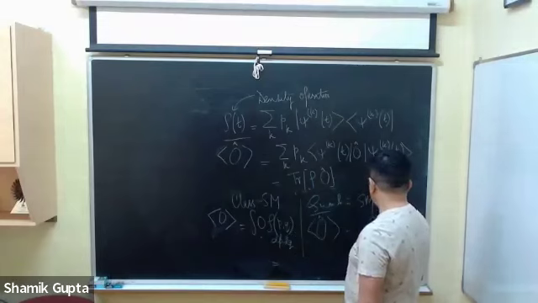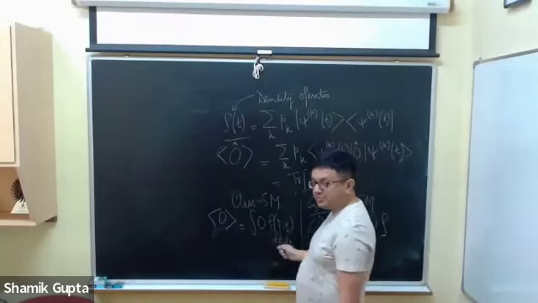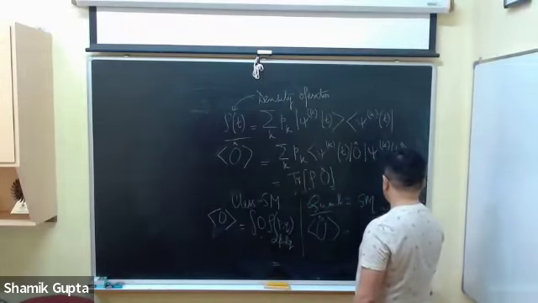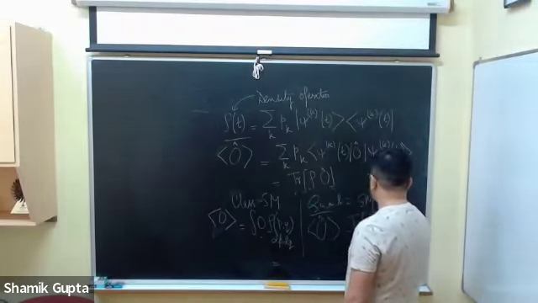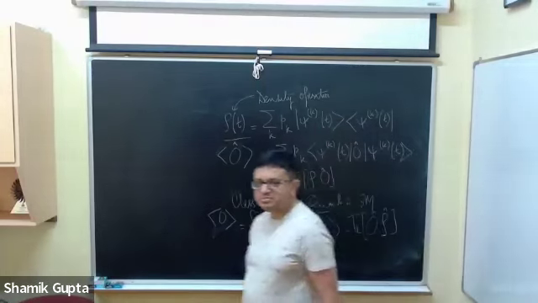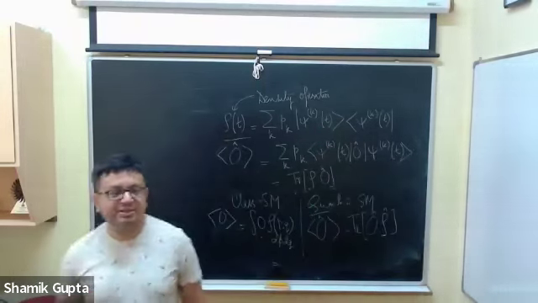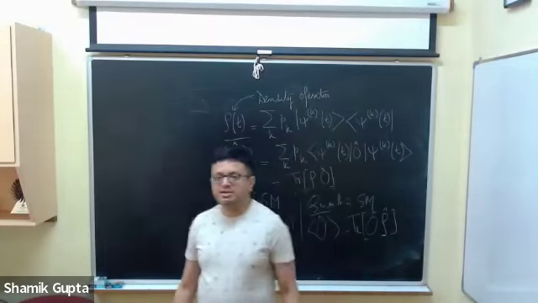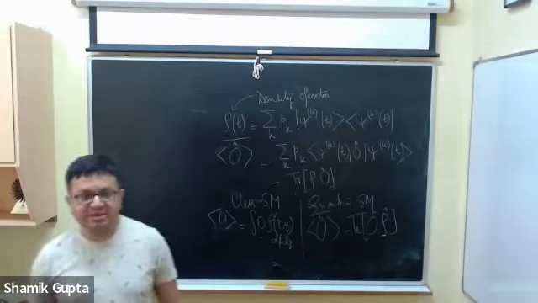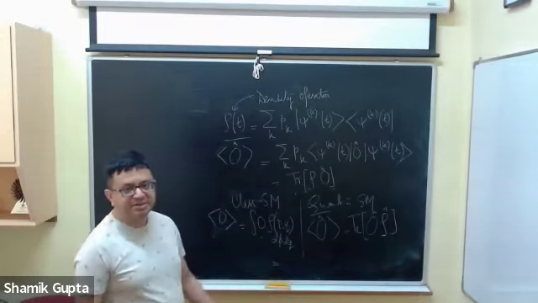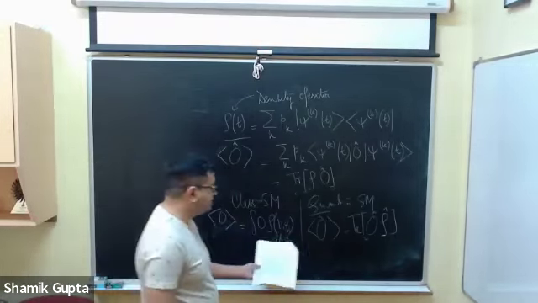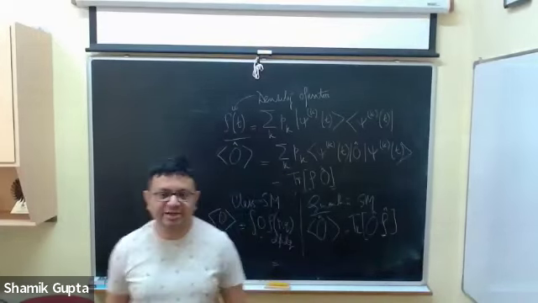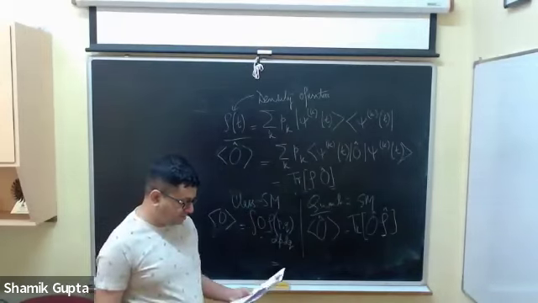I have O times rho, but instead of doing an integral, now these are operators, so I multiply them and take the trace. So we see that the description in classical and quantum are very, very similar. Nothing much of a difference arises as far as doing the calculation is concerned. In one case you have to do an integral, in the other case you have to do a trace operation.